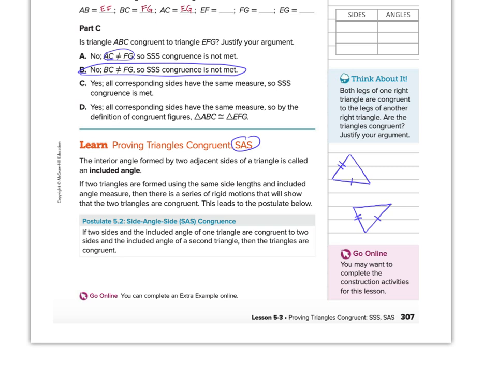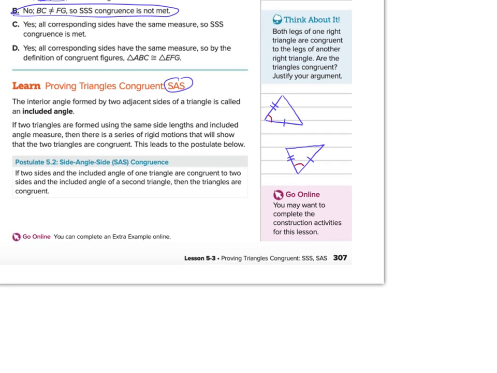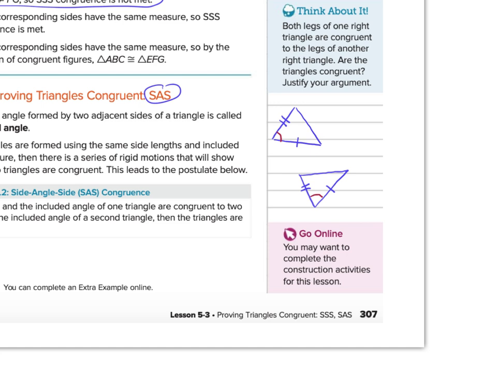The included angle is the angle between those two sides. Okay, that would be included. I know you're saying to yourself, that looks like group, but it is not grouped, okay? So that is understanding. In this order, we would have side, angle, side congruency, side, angle, side, in that order.